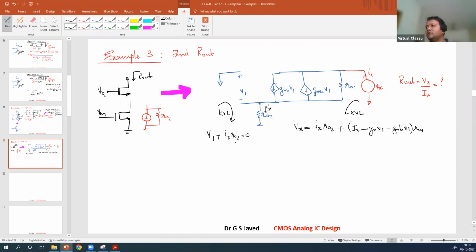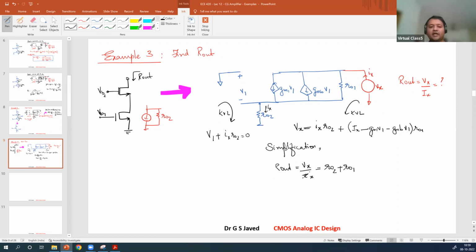Now substitute V1 in this equation with minus Ix RO2, and then you get Vx over Ix. Simplification gives you Rout equal to Vx over Ix, which is RO2 left over plus RO1.